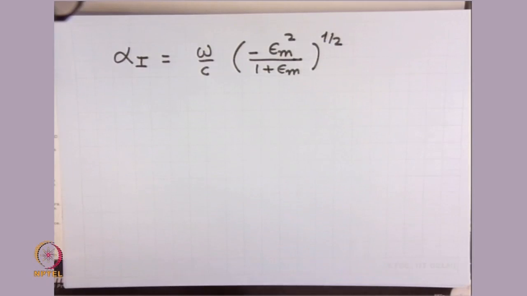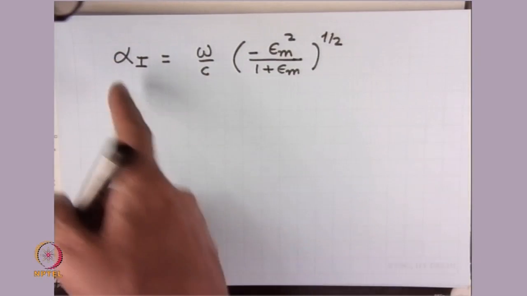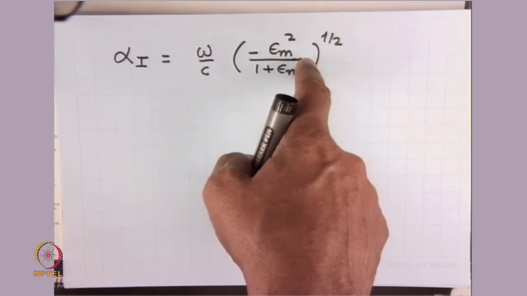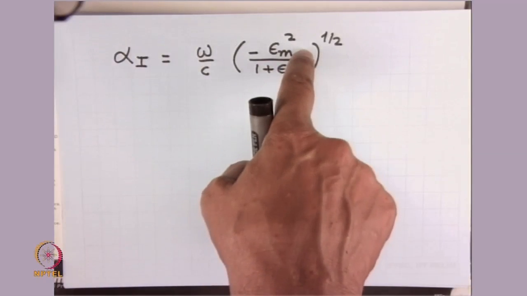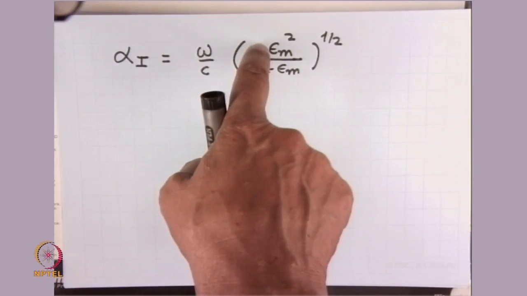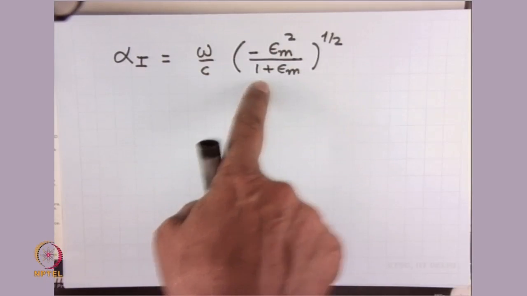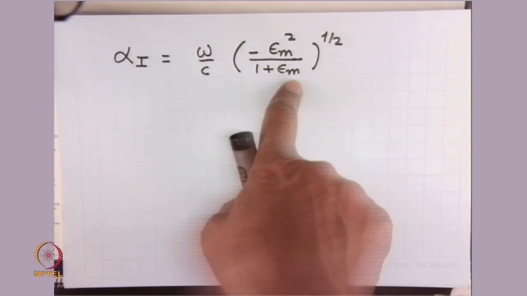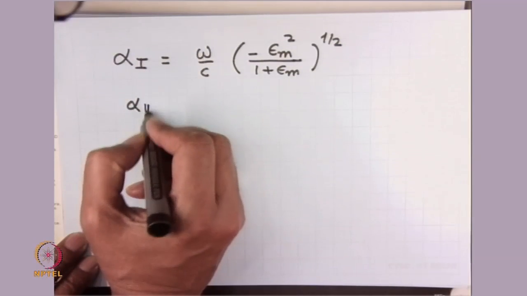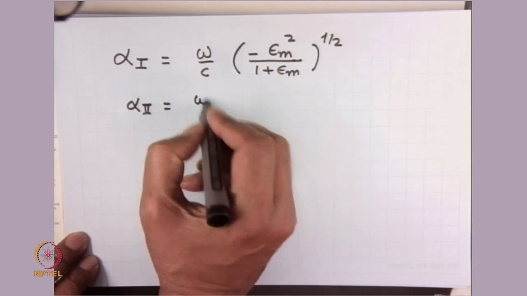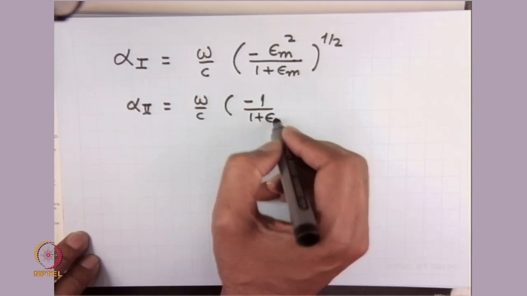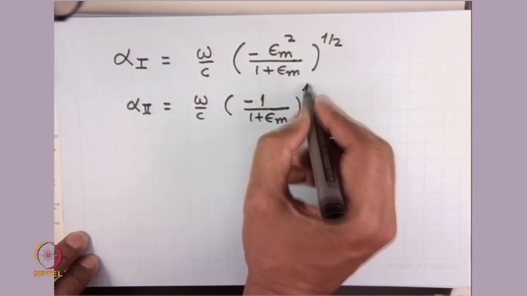It is a very strange kind of thing. If I want alpha 1 to be real, I must have this quantity to be positive. Epsilon m, even if it is negative, the square of this quantity will be positive. So, there is already a negative sign in the numerator, and hence 1 plus epsilon m has to be negative. Only then alpha 1 will be real. And similarly alpha 2, let me rewrite this, alpha 2 is equal to omega by c times minus 1 upon 1 plus epsilon m to the power half.